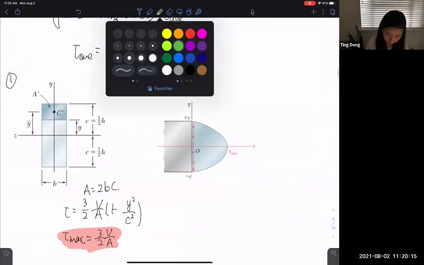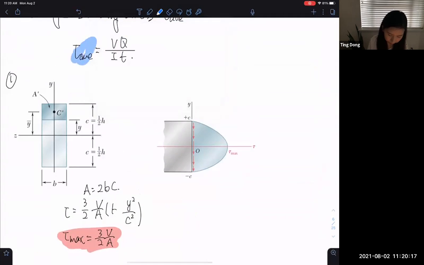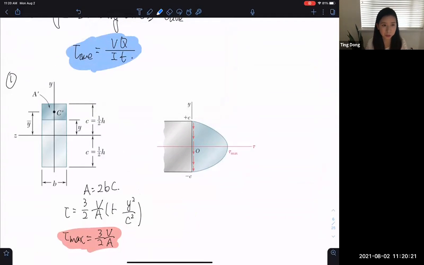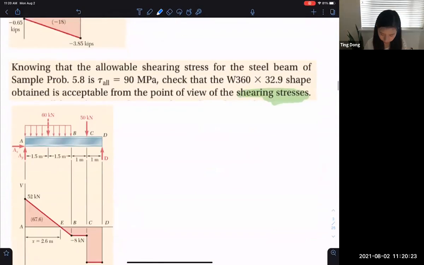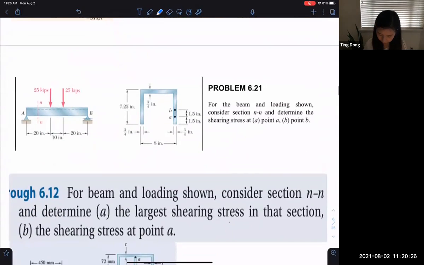Let's use a different color, this equation. And of course, in this equation, we need to find out what Q is. So let's say we determine the shear stress at A.